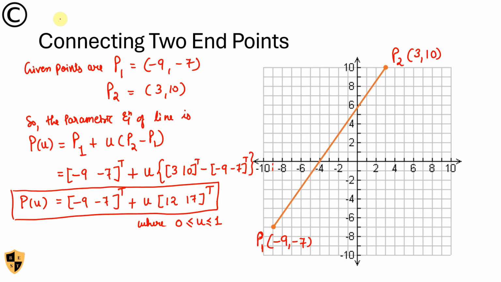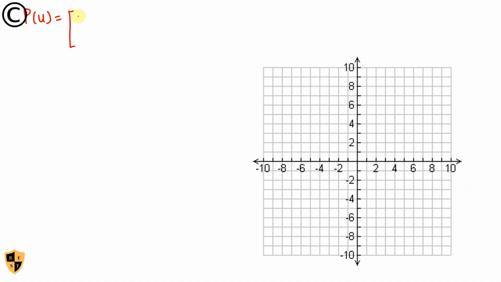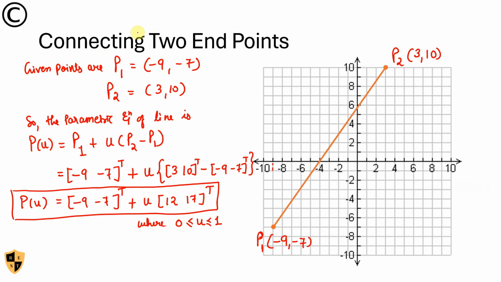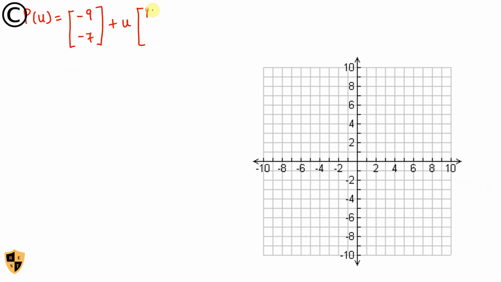P(U) is (-9, -7) plus U times (12, 17). If you add these two matrices, it would be -9 plus 12U, and -7 plus 17U.